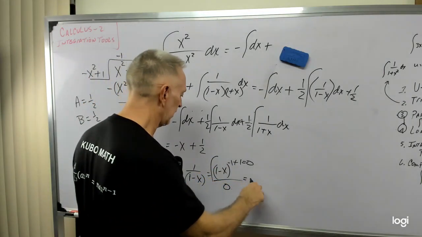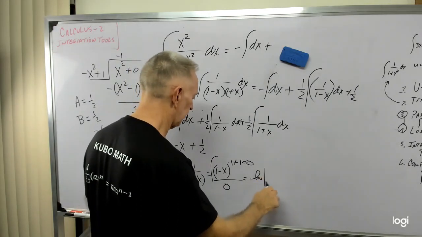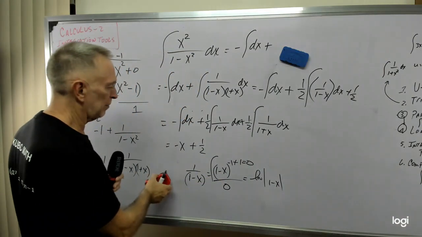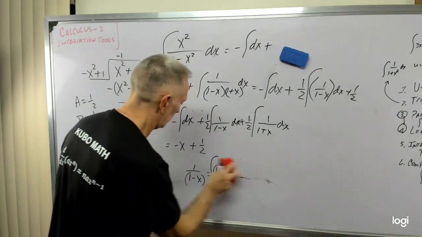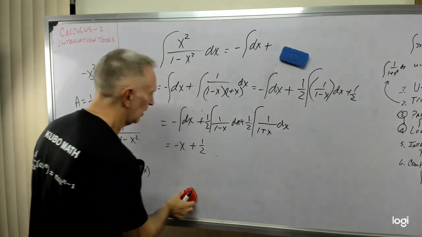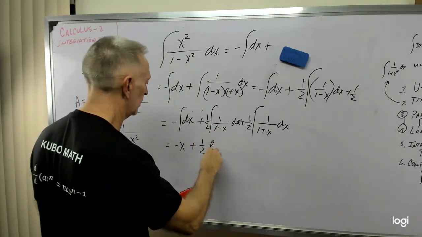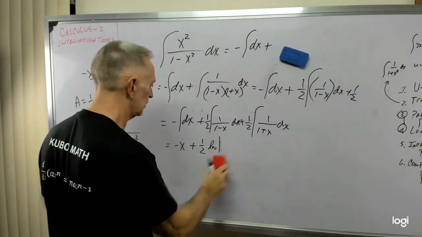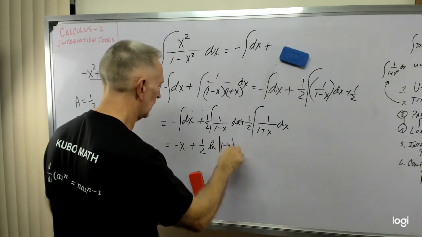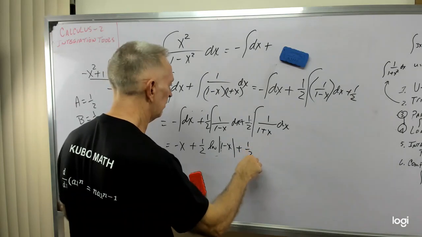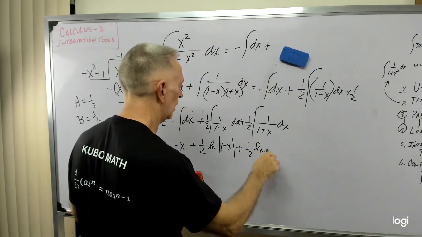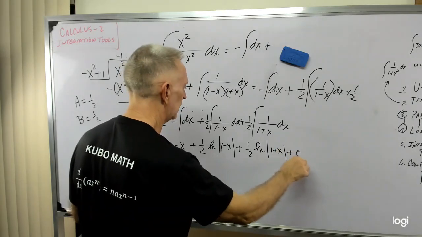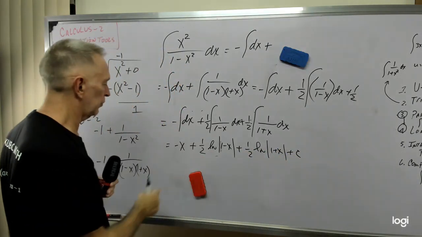This would equate to the natural log of 1 minus x. That's what would happen here. So that said, I have the natural log of 1 minus x plus 1/2 the natural log of 1 plus x plus c, and they're all with the absolute value sign.